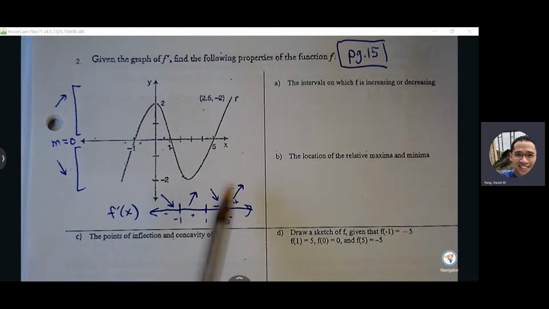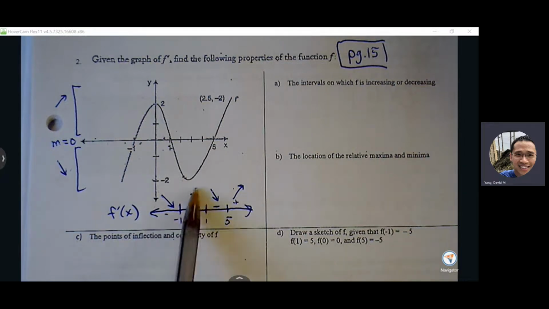Okay, so the arrows are going to basically tell us how our graph is going to move. We know the graph is going to dip to a relative min at -1, rise to a relative max at 1, fall to a relative min at 5, and rise after that.